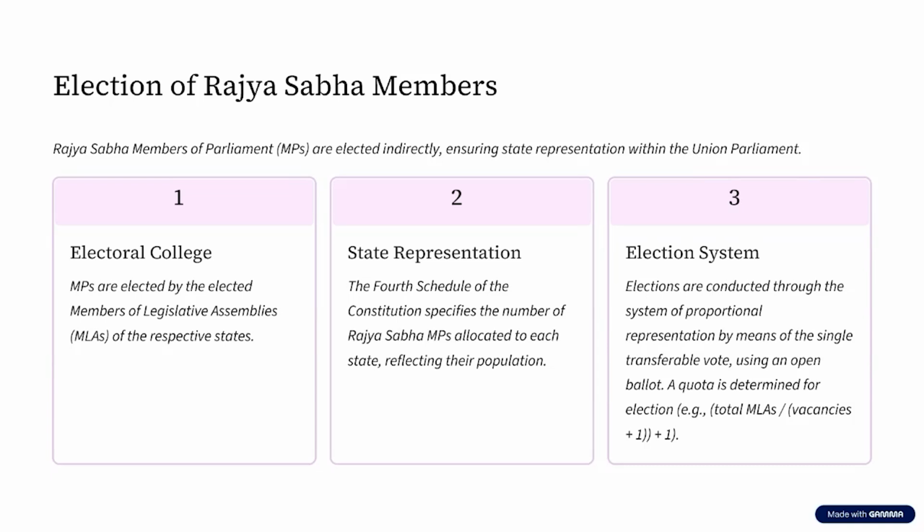Now we understood that out of 250 members, 238 members are elected to Rajya Sabha. Now, let us try to understand how they are elected. The question is, do people like us go and directly vote for the Rajya Sabha members?